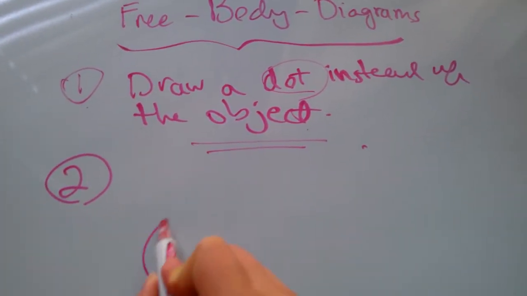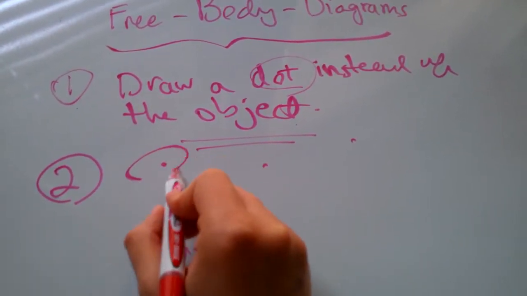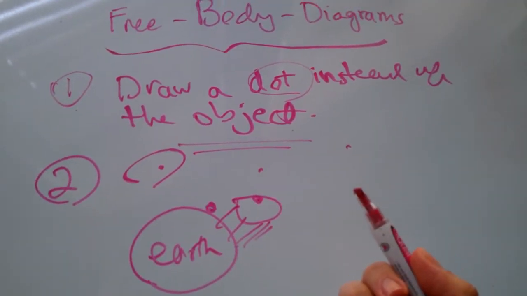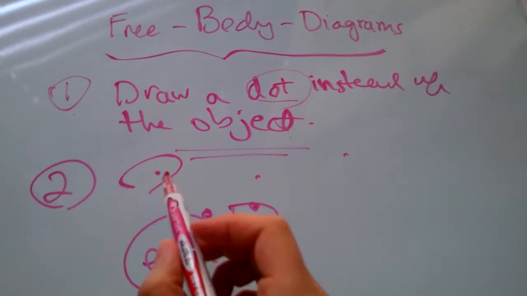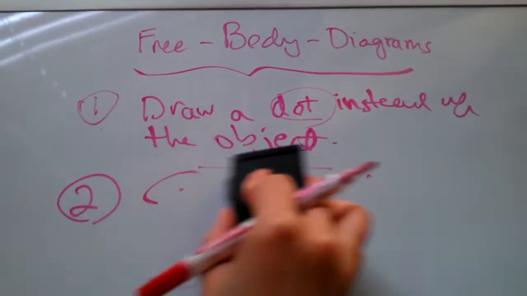Secondly, because we live on Earth, no matter where you are, if you're in the air, if you're on the ground, if you're on this table sitting, or whatever, wherever you are, we have weight due to our mass because of Earth.